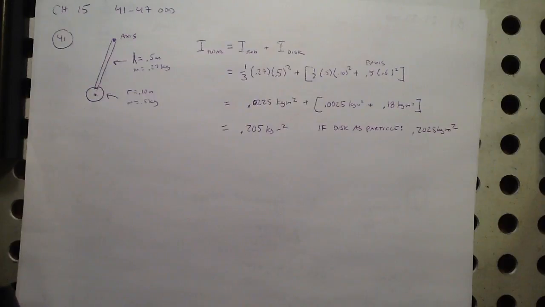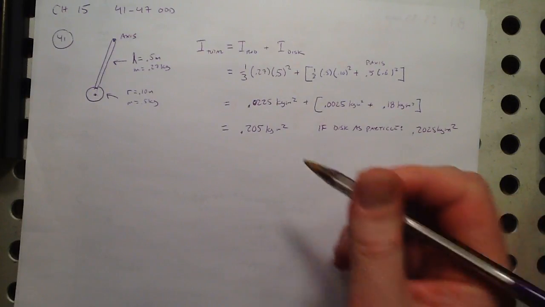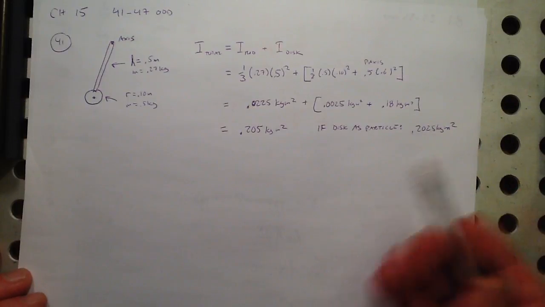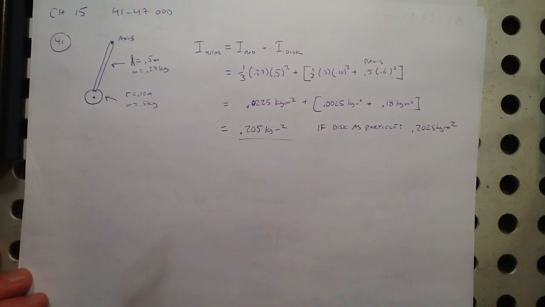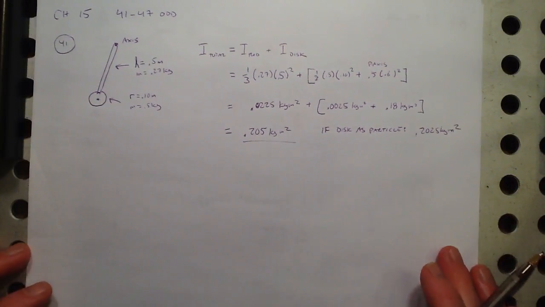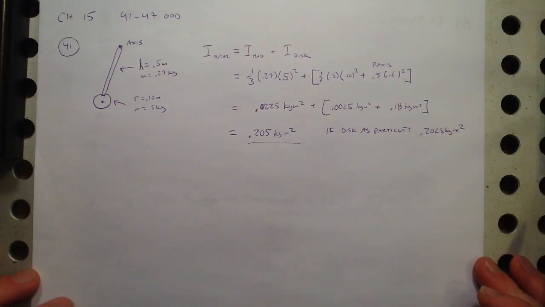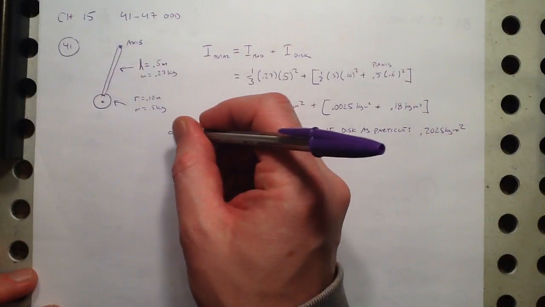So 0.205, so it's about a 1% difference in the rotational inertia there. So you could probably go either way. I'm going to go ahead and use this in the calculation. You can try it with both, but it's going to make a small difference in the answer. Okay, so that's part A.